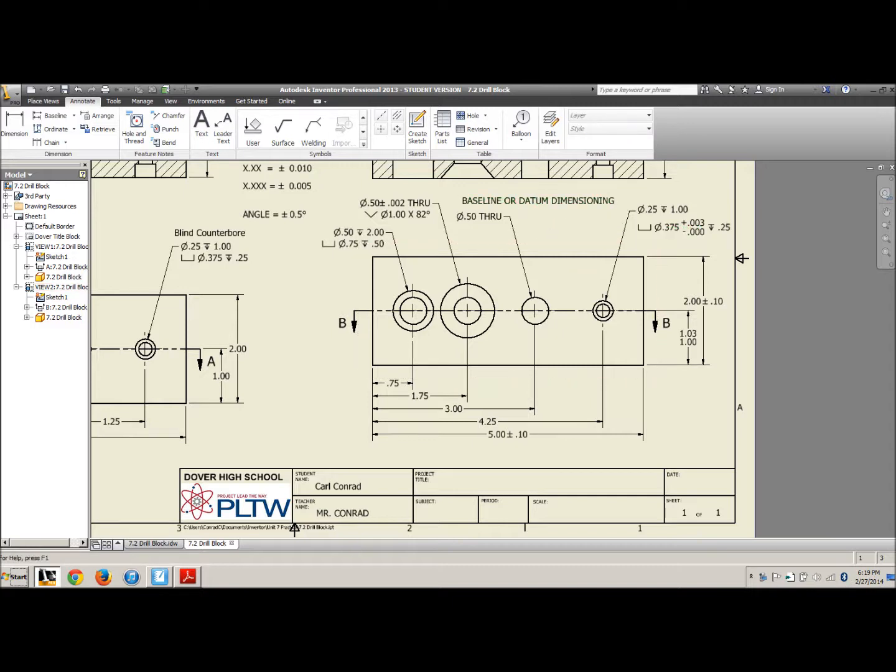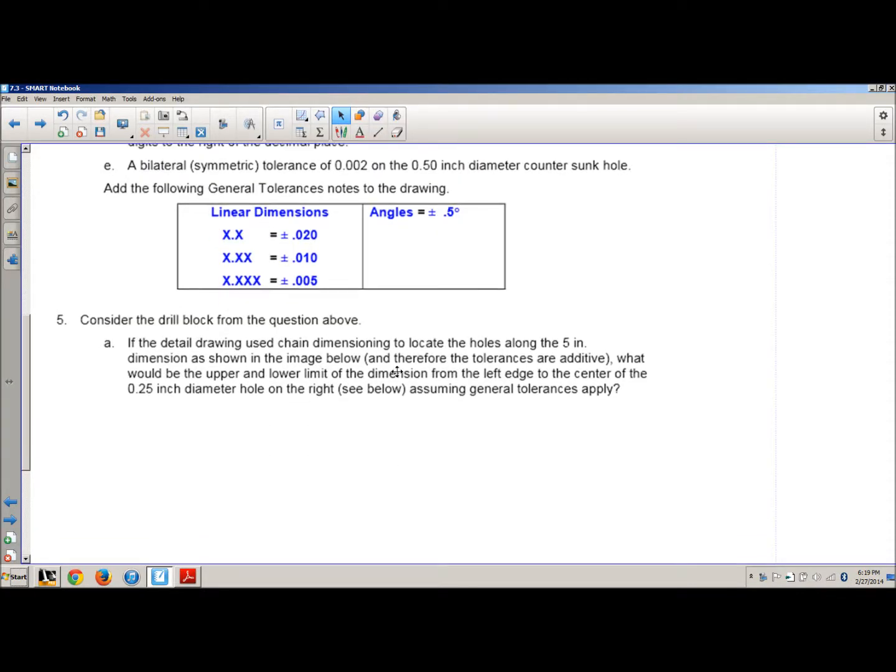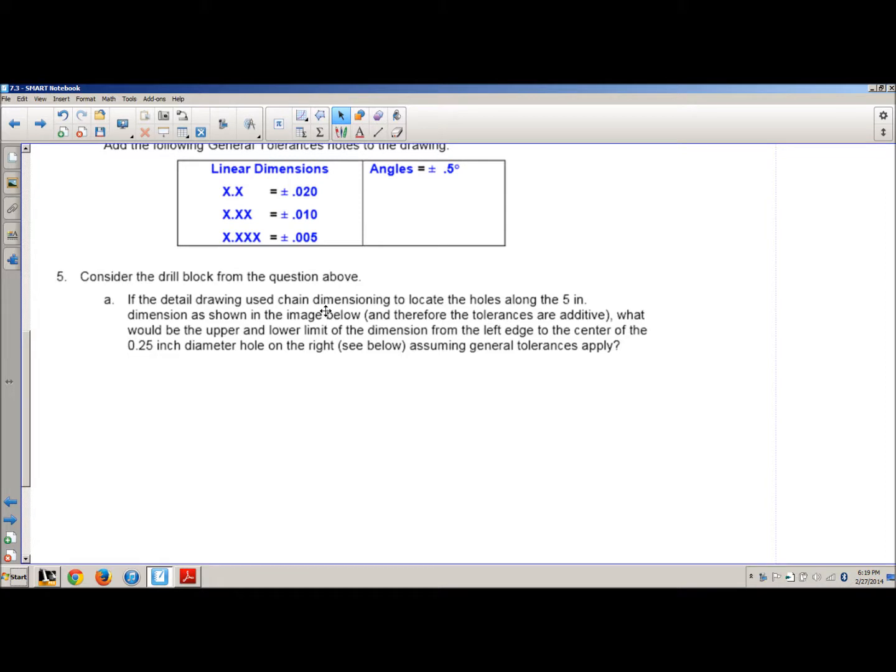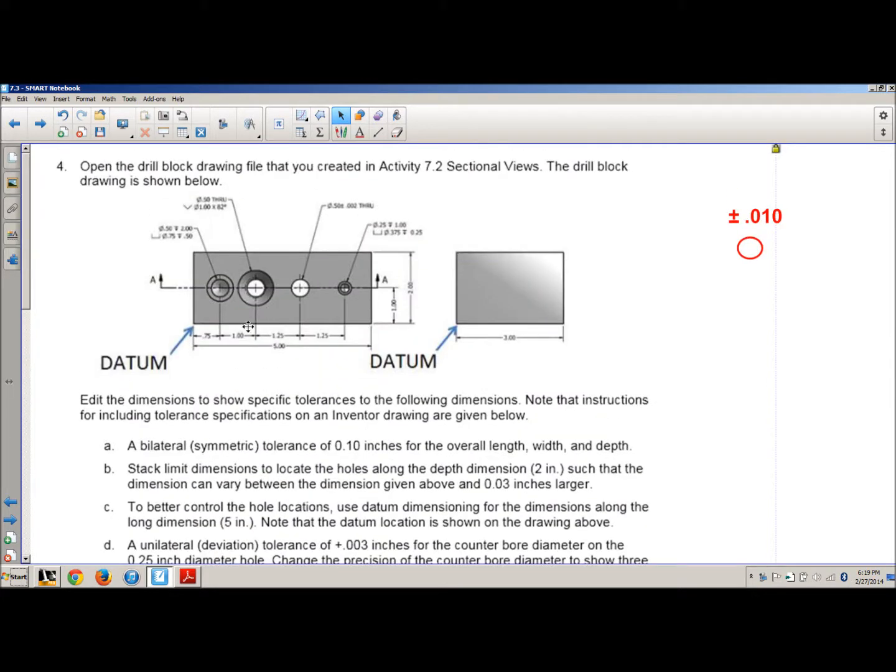Okay, now the next question we're supposed to consider is in the drawing that used chain dimensioning to locate the holes. The holes are going to fall under general tolerances, so we have 1, 2, 3, 4.